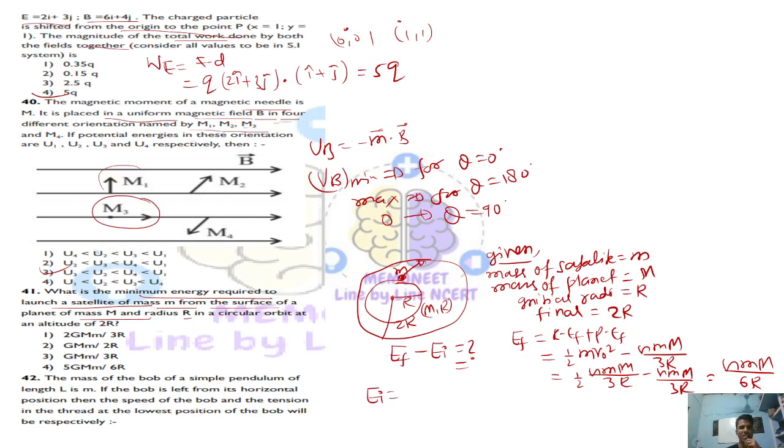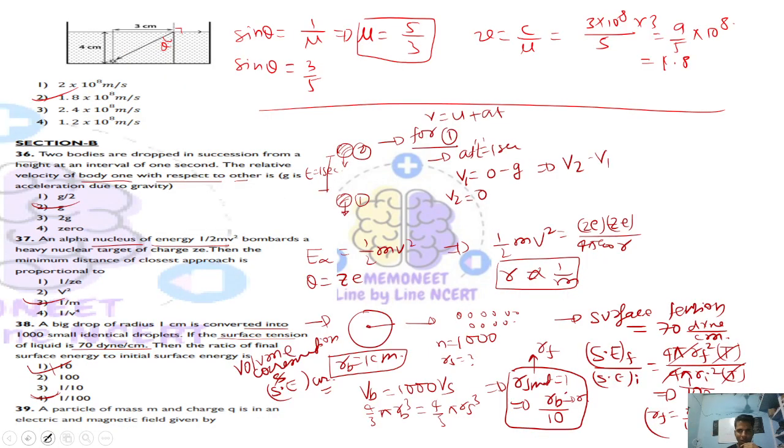Now talking about the initial energy: it has only potential energy, so the initial energy is simply minus GMm by R, as you can see in the previous questions also.